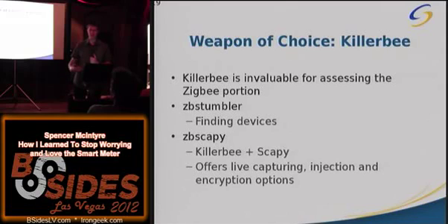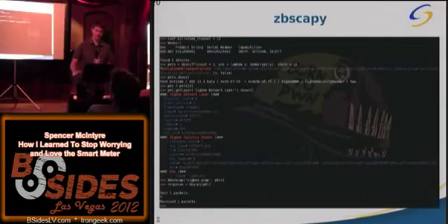It's a Scapy plug-in interface that allows access to the Zigbee layers and allows access to the KillerBee libraries to inject and receive frames. So using that, we can get live capturing going and inject, and most importantly, we have encryption options, because we can do both the AES with the CCM authentication check and without. So we have a bunch of different options there.